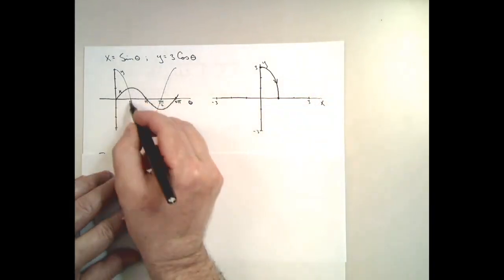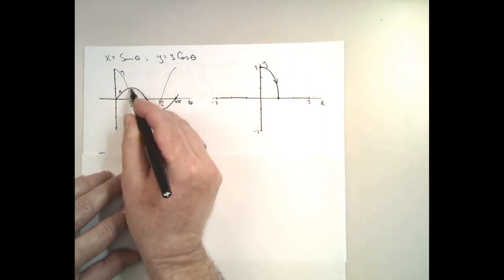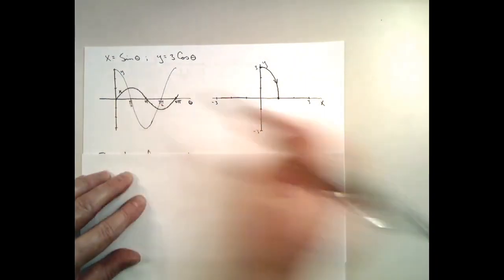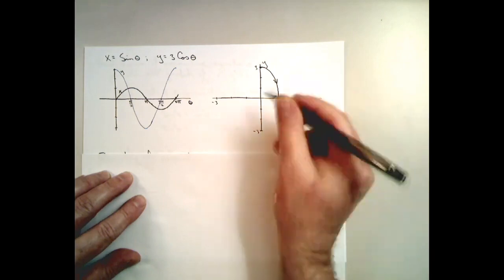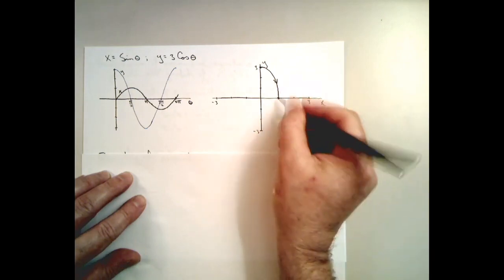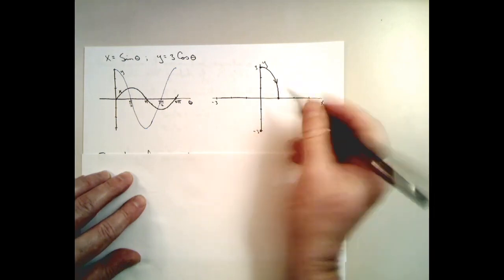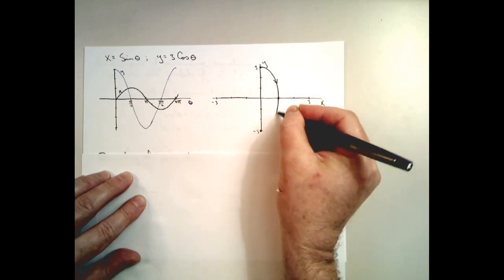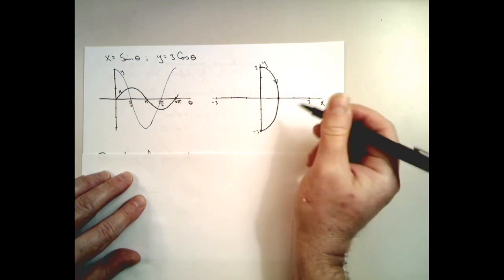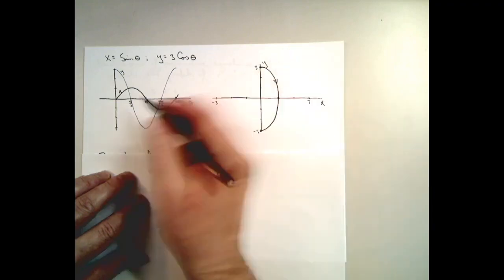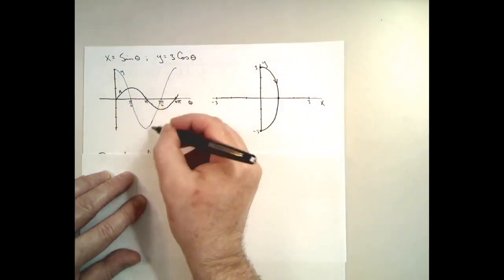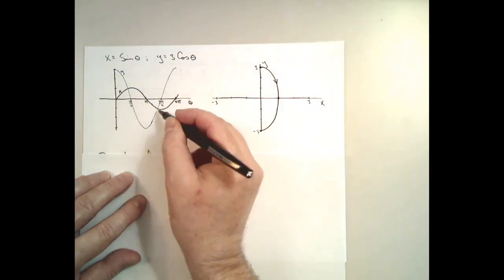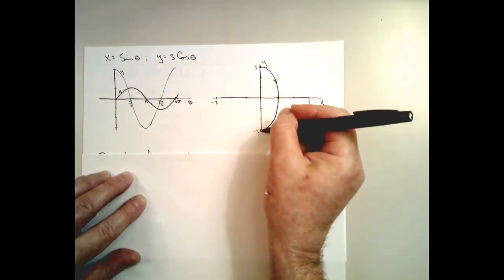And keep going. So pi over 2 to pi, my x's are going to come back to 0 while my y's go to -3. So my x's are going this way, my y's are going this way. I'm heading toward this point. Between pi and 3 pi over 2, x's are decreasing to -1, so my x's are heading in this direction.